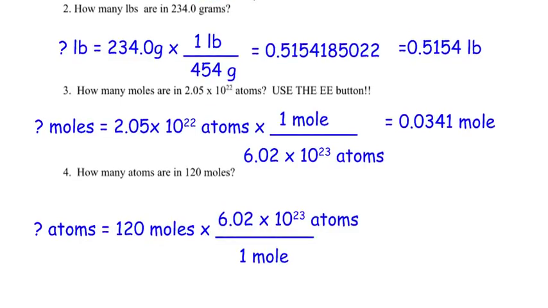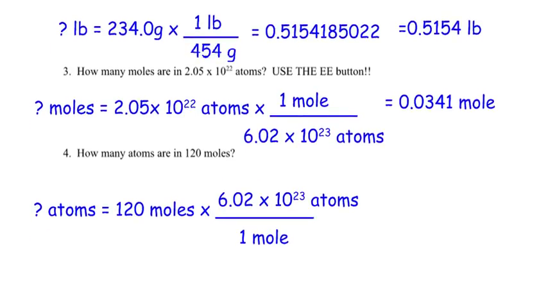And now what? You are going to multiply 120 by 6.02 times 10 to the 23rd. Now be very, very careful when you do that because your calculator is going to look at the very end. I wish I could screenshot what my calculator looks like, but I'm not that techie. But it's like 7.2 blah blah blah blah blah, and look at the very far right of your display. You'll see there's your exponents.